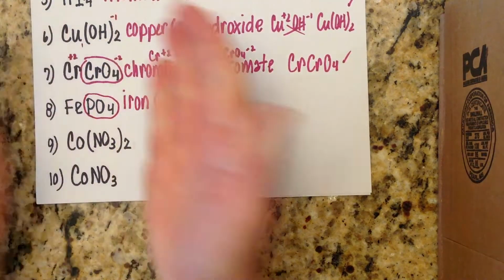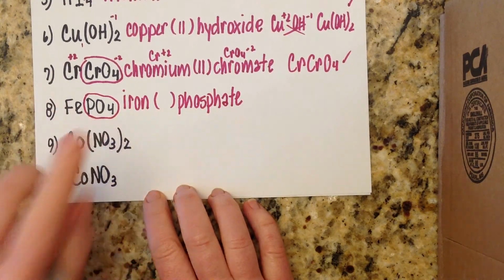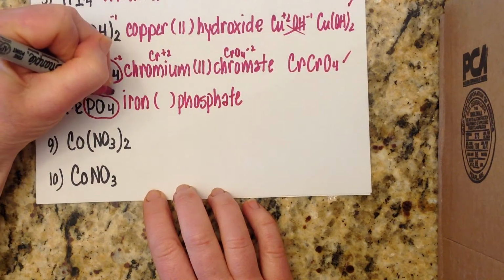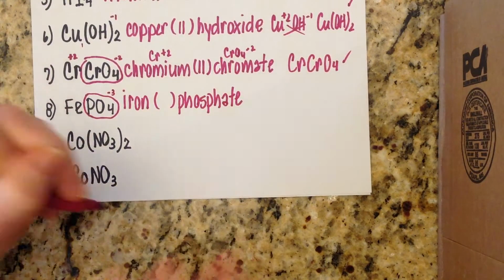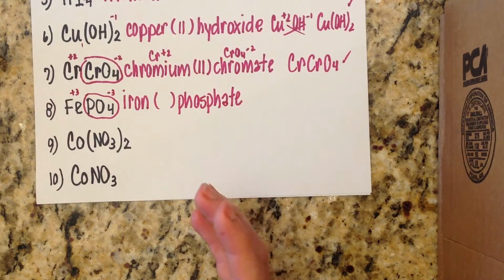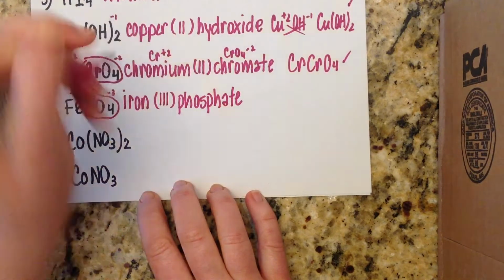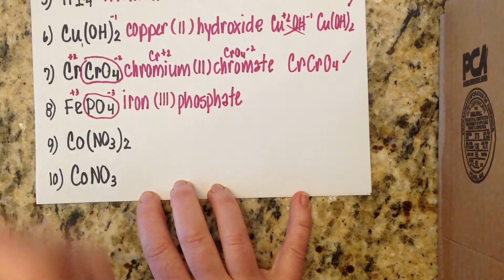There's no parentheses around it with a number outside to indicate I have anything more than 1 phosphate ion. I know that phosphate had a -3 charge, and if it's in a 1-to-1 ratio, that iron had to have had a +3. That's the only thing that makes sense because they canceled each other out. So I think it's iron 3, but I'm going to check it.